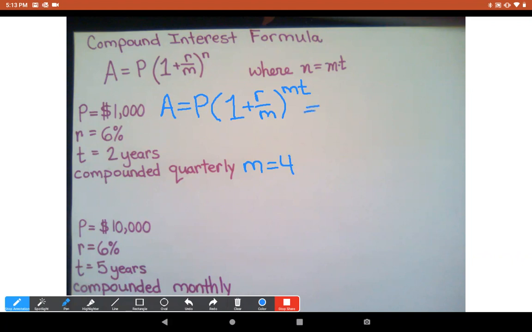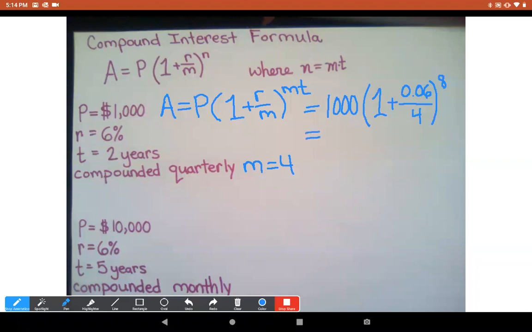If we use the numbers we were given, $1,000 for our principal times the quantity 1 plus the rate 0.06 for 6% divided by M, which is 4, raised to the power M times T, which is 8.